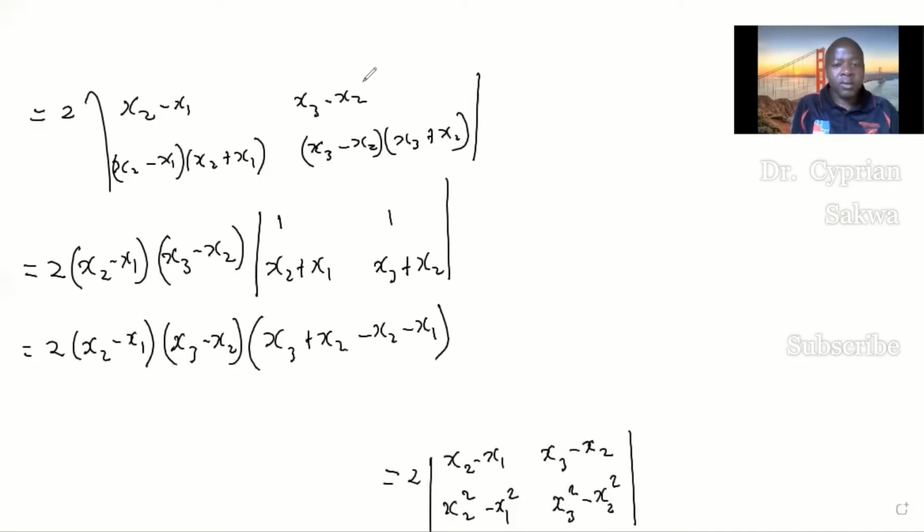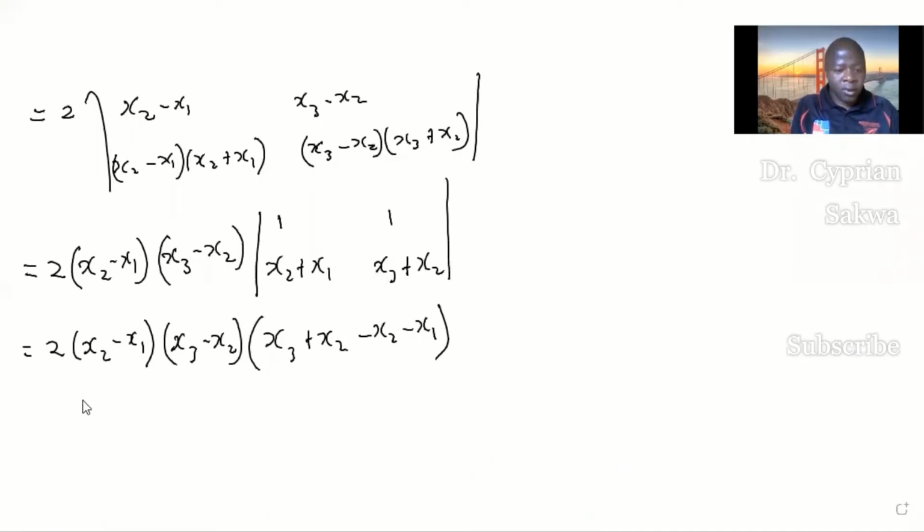So when you do that, let me just now remove this because we've already used it. When this is done, what we get is 2 into x2 minus x1 multiplied by x3 minus x2. And you notice that x2 minus x2 will give us 0, so what we are left with is x3 minus x1.